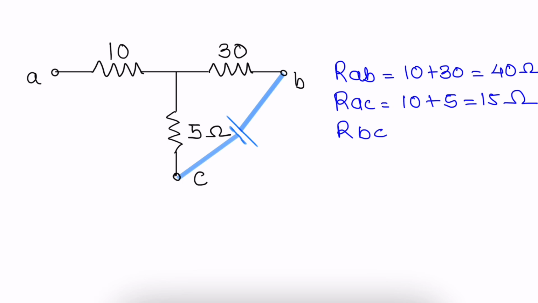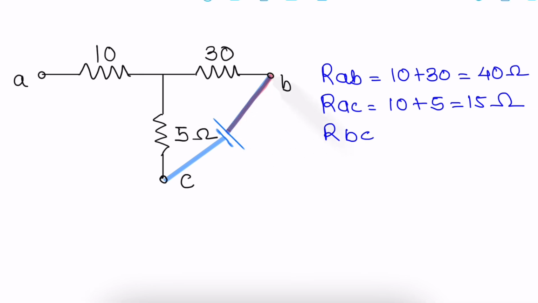Same way, I will assume a battery between B and C. Let us see how the current flows. Point B, through 30 ohms, to this point, through 5 ohms, to point C, to the negative terminal.